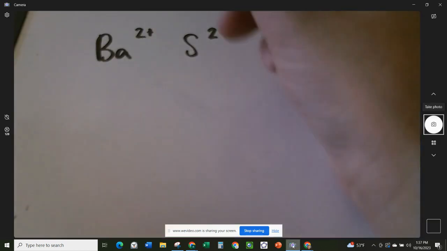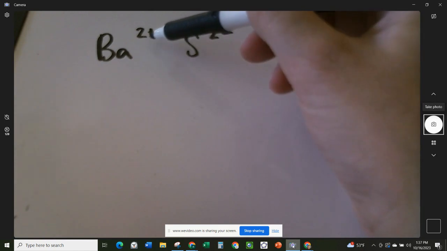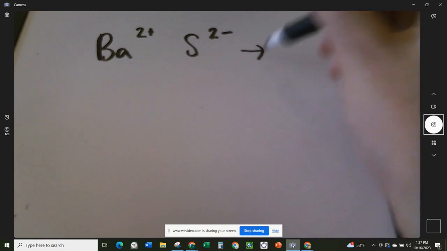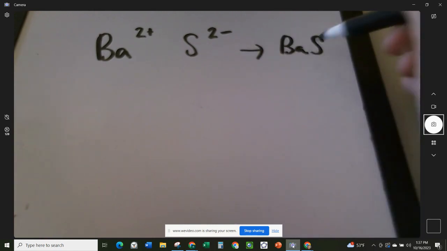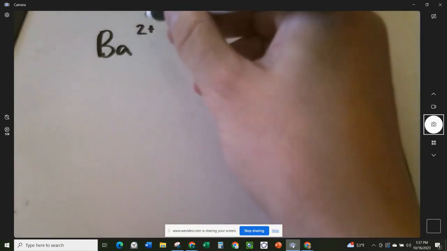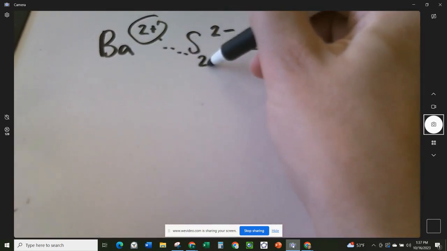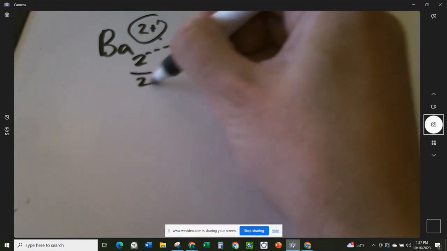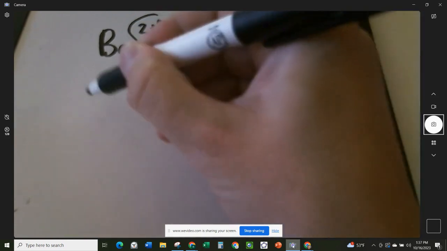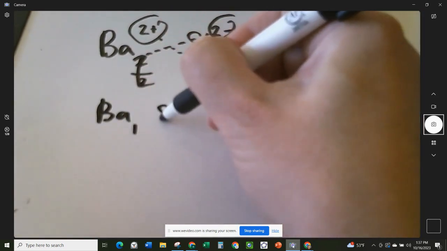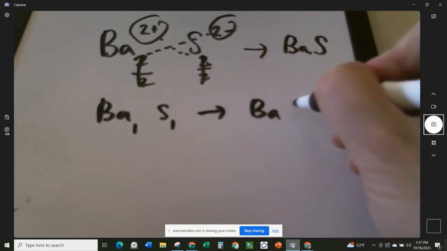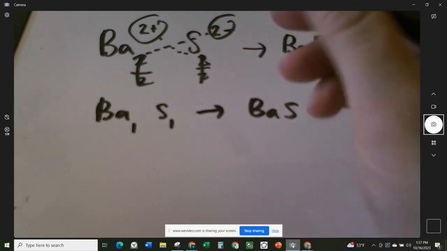And then we can think about this one 2 ways. We can say, oh, I have a 2+ and a 2 minus. So I just need one of each to charge balance. I need 1 2+ for 1 2 minus. That will balance. Or we can do the crisscross method. And we can say we need 2 sulfurs for 2 bariums, and then simplify. We have to divide both by 2 to simplify that. So then we have barium 1, sulfur 1, but we don't write the 1s, so we have barium sulfide, BaS.